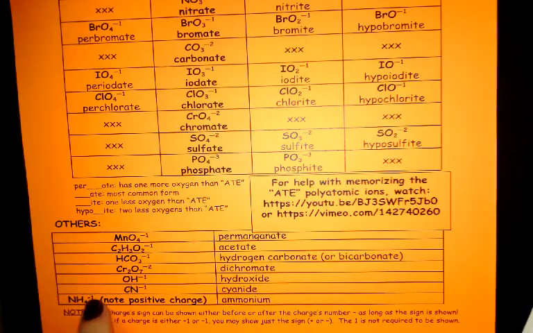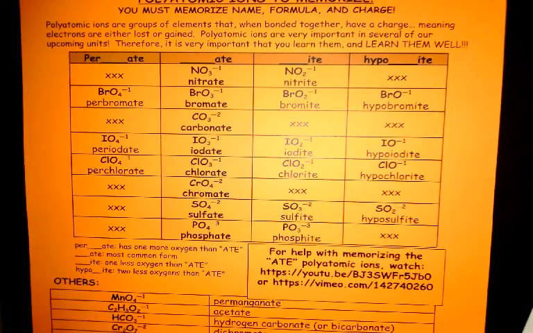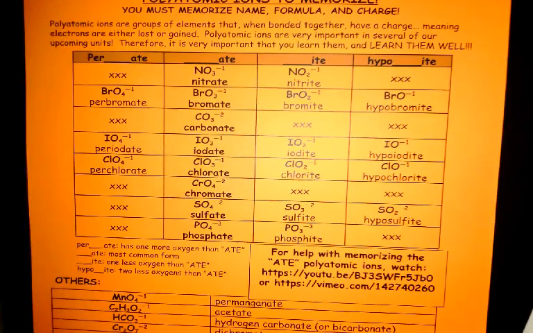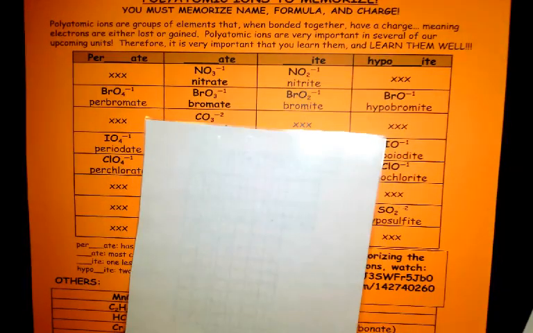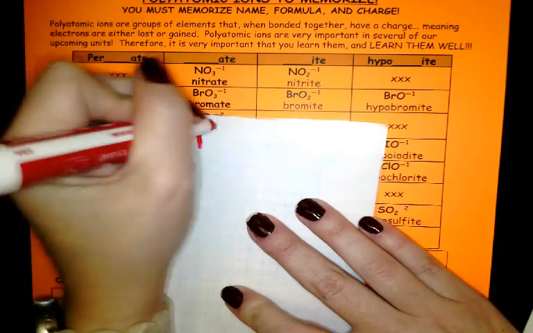So we are going to start taking quizzes on these polyatomic ions, okay? Our first quiz is going to be just like our elements quiz. So our first quiz is a polyatomic ion PLC, and that's going to be October 19th.